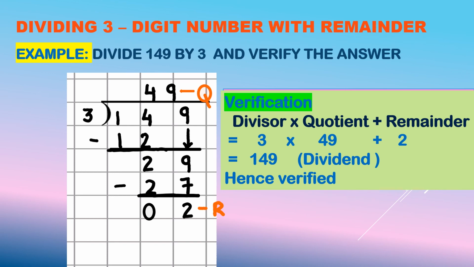So, multiply 49 by 3 and then add remainder, which is 2. 49 into 3 is 147. Then add 2 to 147, which will be equal to 149. And 149 is your dividend. Hence, your division is correct.